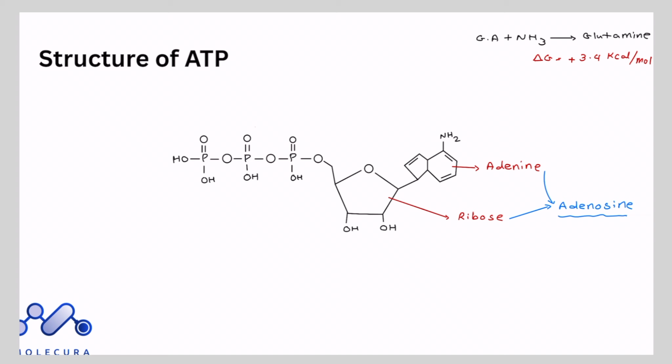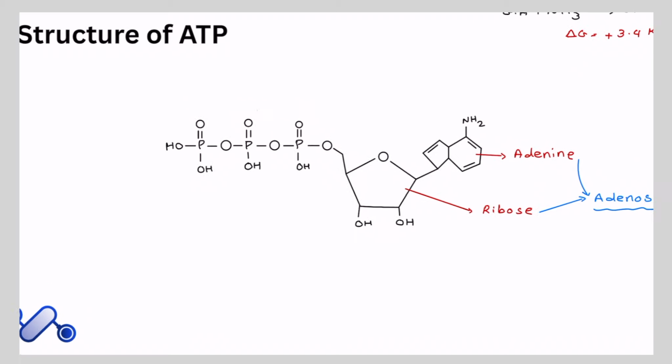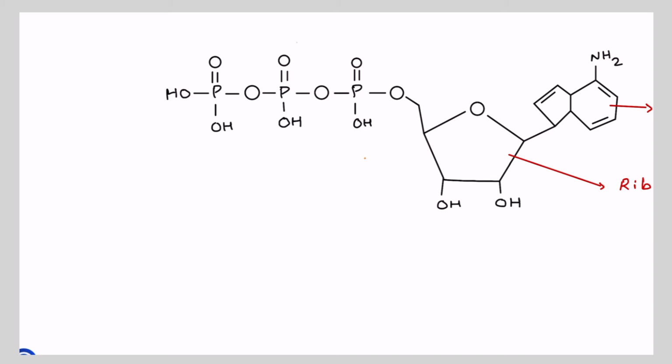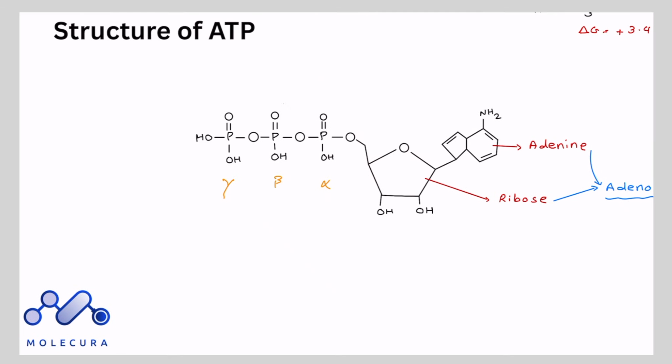The second part, which is the important part, is 3 groups of phosphate attached to each other. And these phosphate groups also have names. So the first one is going to be called the alpha, beta, and gamma. And there are differences between the bonds that they make.